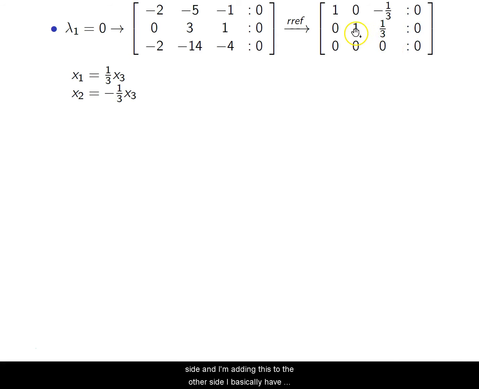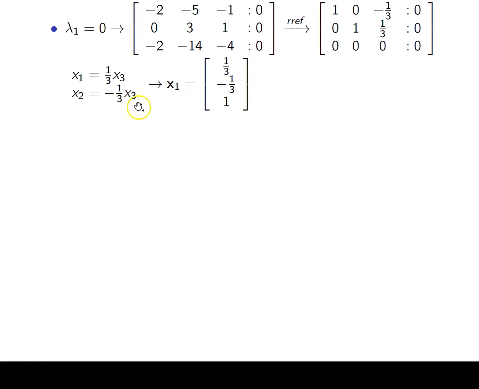I basically have x2 is negative 1/3 x3, so this is the x3 variable, and x1 equals a positive x3. So if I take this and I turn it into a vector, we've done this quite a few times, then my x1 vector, this is my first eigenvector, is going to be 1/3, negative 1/3, and 1. So if I let x3 be 1, these are my values.